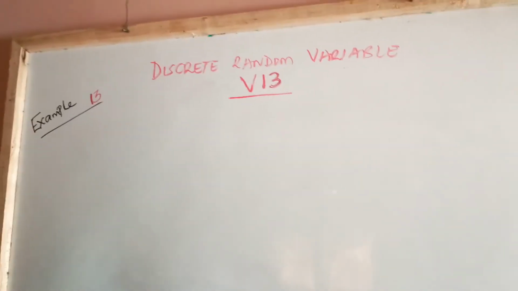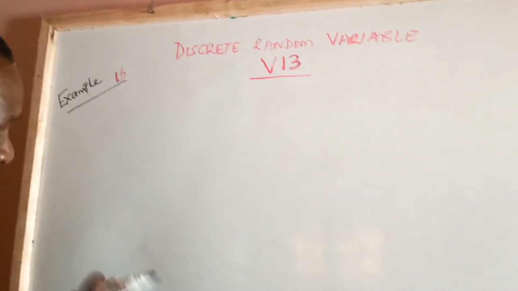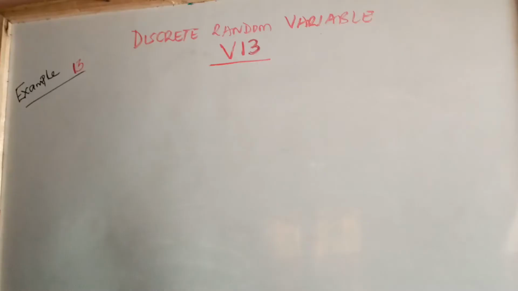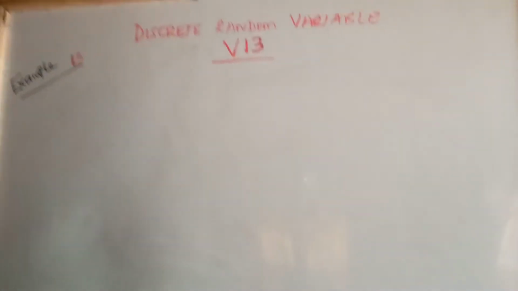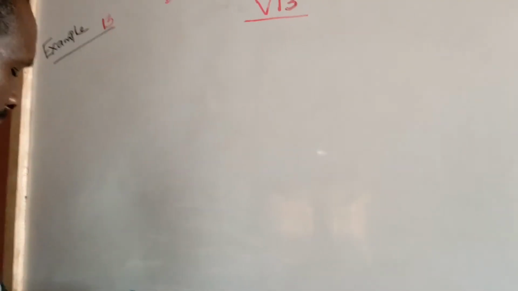And number 1, if x is a random variable, then the value of x is a number determined by an experiment. That already we know. Statement number 2, each function of a random variable has a probability distribution that you can derive from the probability distribution of x.